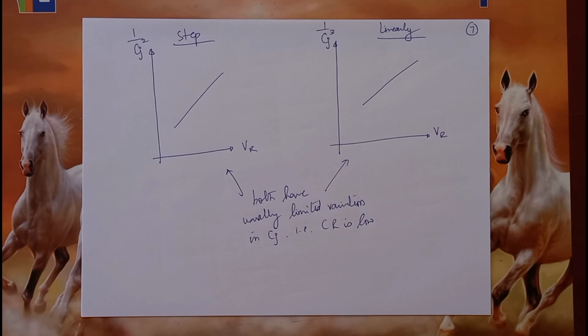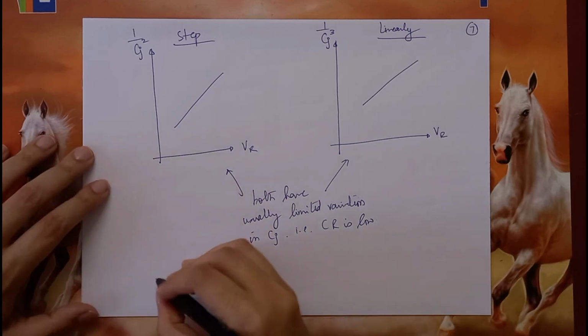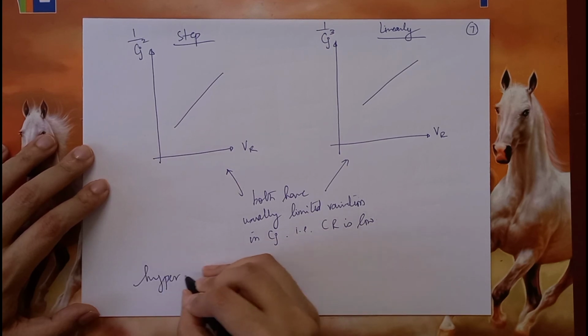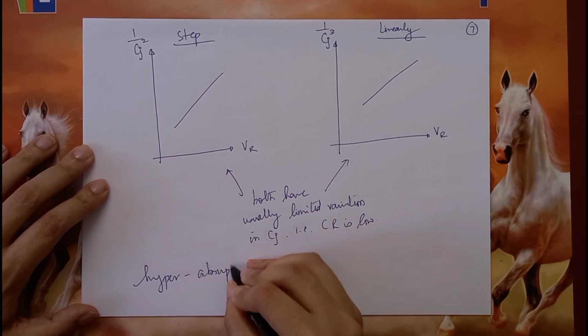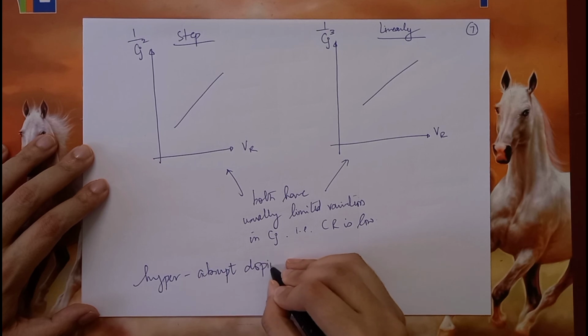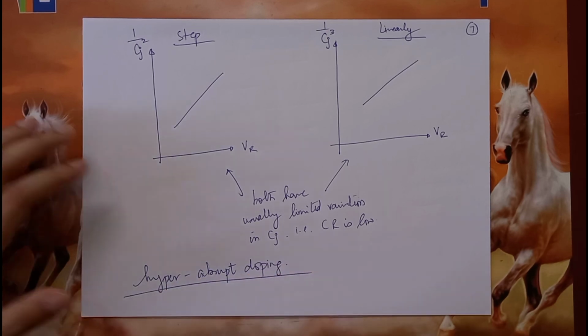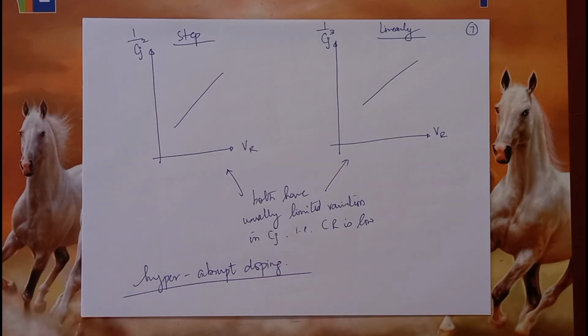So there exist some kinds of diodes whose doping is neither step graded nor linearly graded. That kind of doping is called hyper abrupt doping, which are essentially some kind of mathematical functions of the distance x.